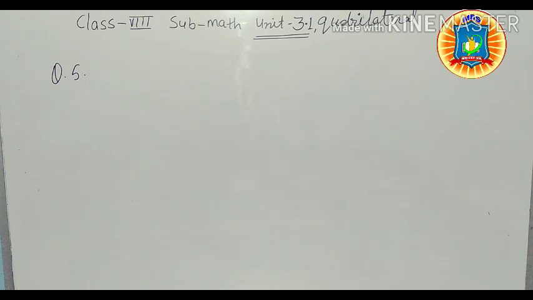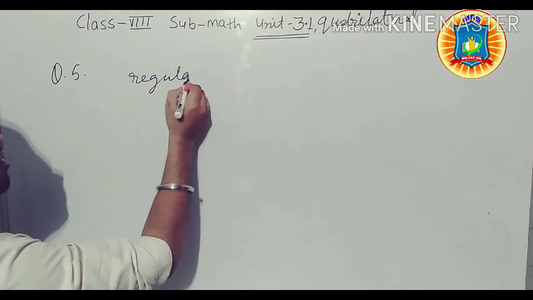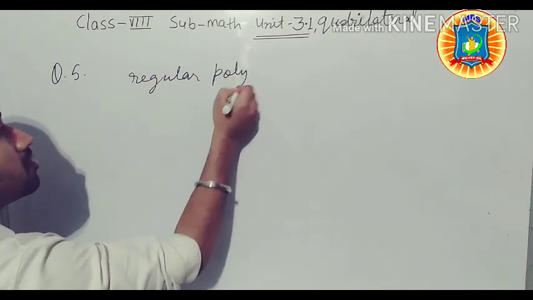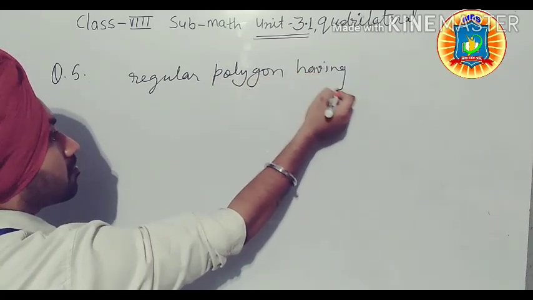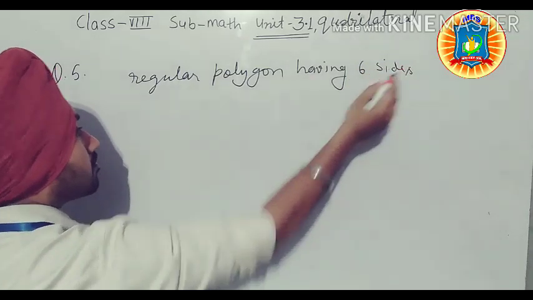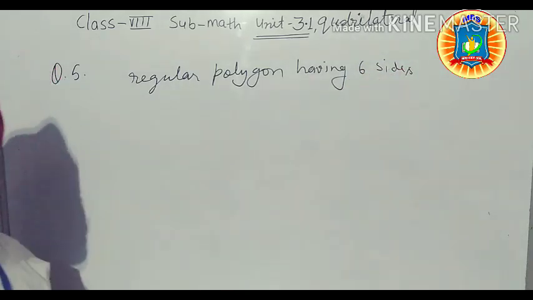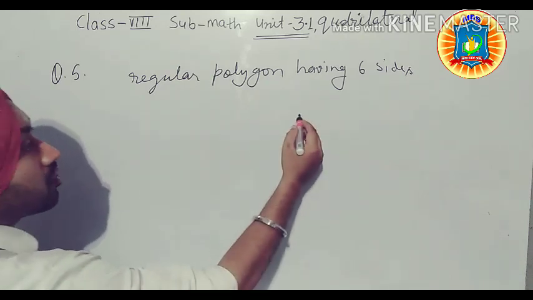And the C part of question number 5 is, name a regular polygon having 6 sides. A regular polygon having 6 sides is known as regular hexagon.